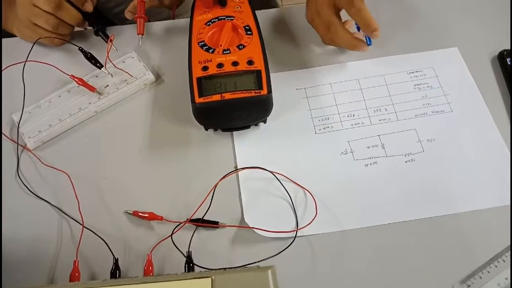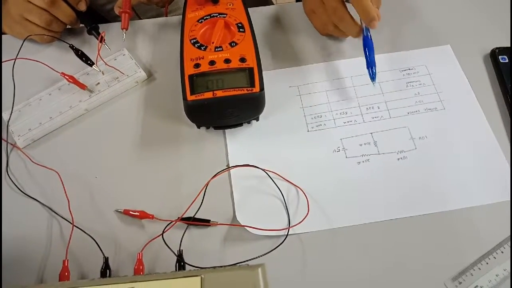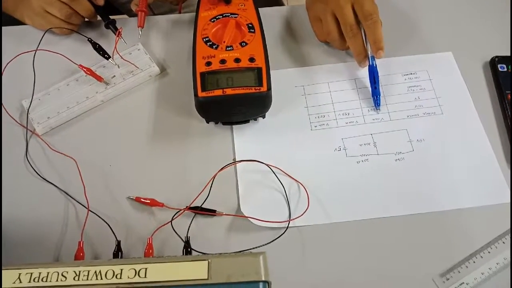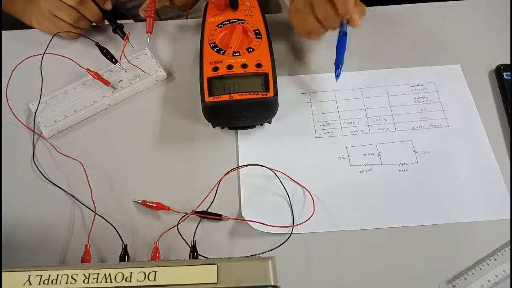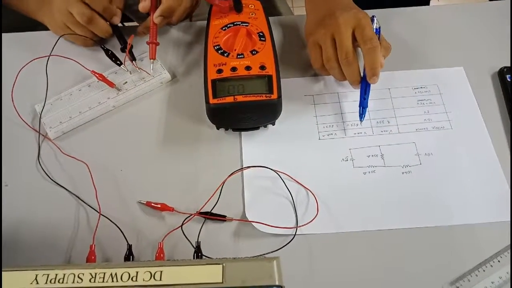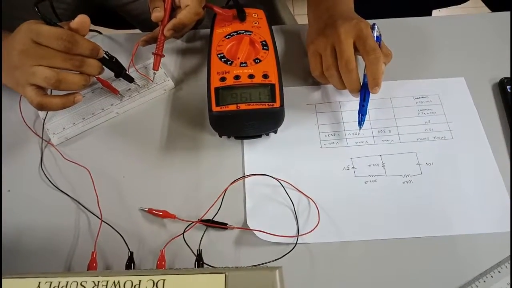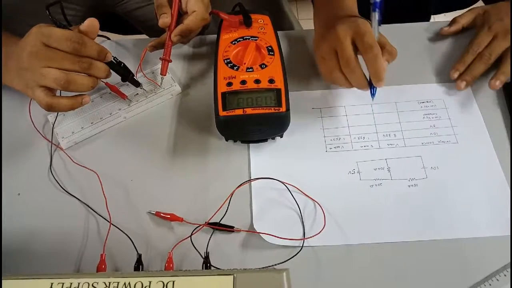I use the same polarity as before. We're going to get the voltage for the 10k ohm resistor. The value is negative 1.382.